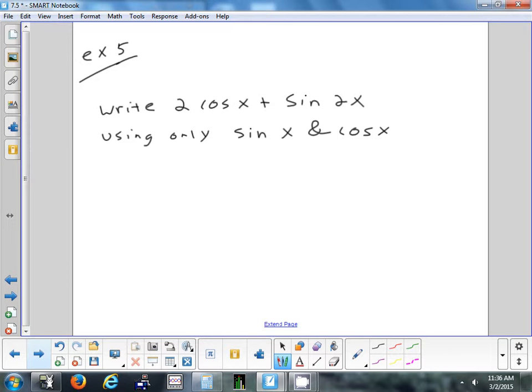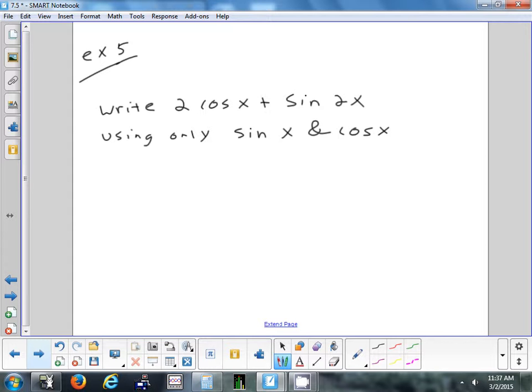Okay, so let's take this problem, and I just want to rewrite it with sines and cosines. So in other words, when I'm done, I don't want any arguments here to have a 2 next to the x. The arguments can only be x's. Jill, if we look at the first part, 2 cosine x.